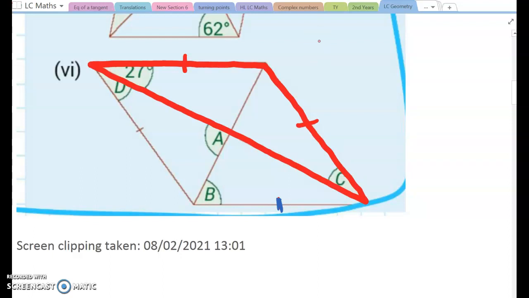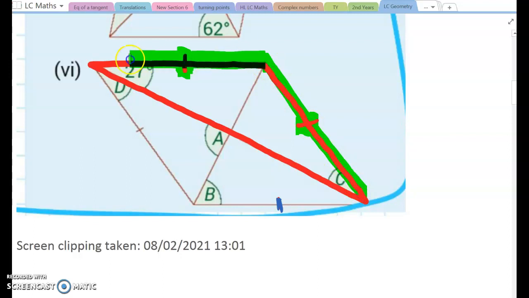Isosceles means it's got two sides of equal length. This side is equal to this side. And in isosceles triangles, the angles underneath those two sides of equal length, so that angle and that angle, are equal. So 27 up here is the same as over here. So C is equal to 27.